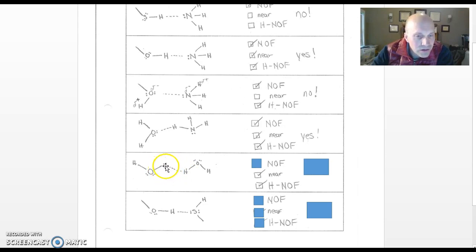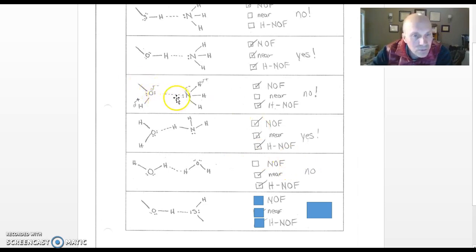It's near another hydrogen connected to the oxygen. We need this thing to be near a NOF. Essentially, all you need for this to hydrogen bond is for this molecule to rotate counterclockwise so that the oxygen would be right here. In this particular position, not only is it not a hydrogen bond, it's actually a repulsive relationship. So that would not be a hydrogen bond.